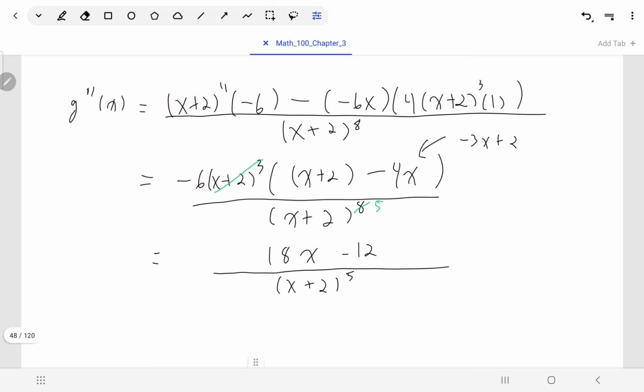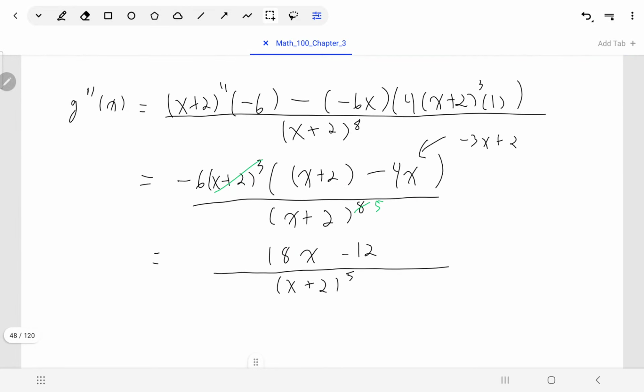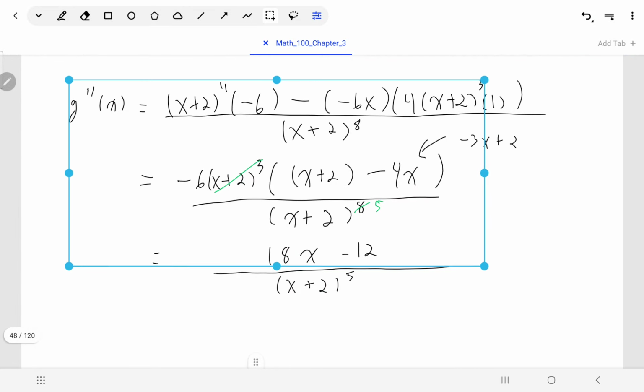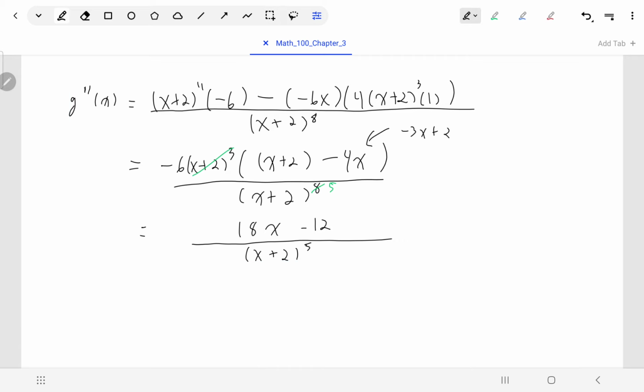We're good to go. And the only thing I need to do next is solve for where my second derivative is 0, and then use my number line. So for the second derivative, if I'm looking for where that is equal to 0, I know that the second derivative is equal to 0 whenever the numerator is equal to 0, and that's because for a rational function, fractions are only ever equal to 0 when the top is equal to 0.